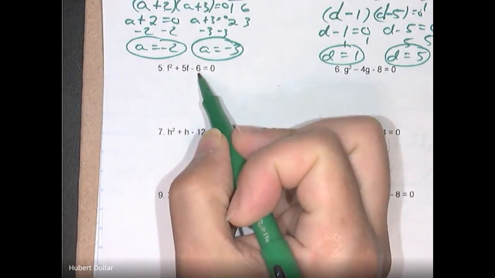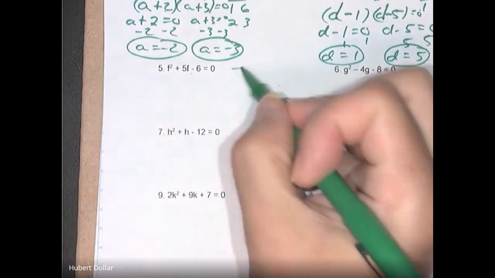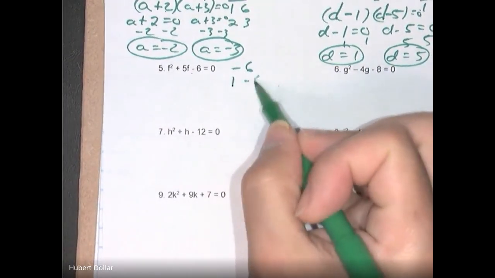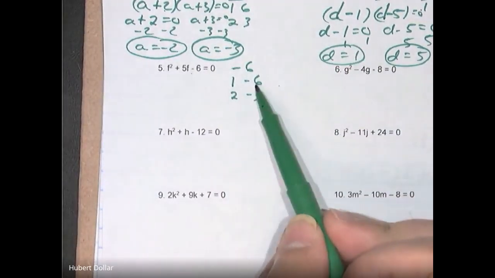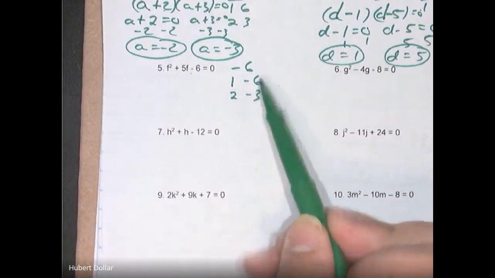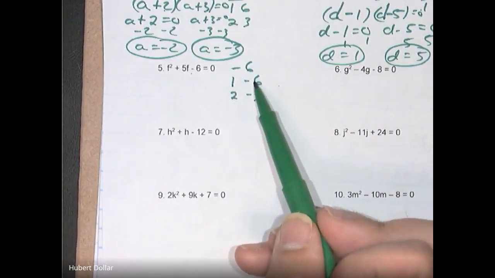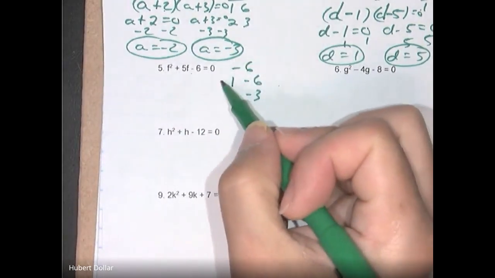Numbers that multiply to get negative 6, and this time subtract to get 5. Numbers that multiply to get negative 6 are 1 and negative 6, or 2 and negative 3. 1 times negative 6 is negative 6, and 2 times negative 3 is negative 6. If we combine 1 and negative 6, we get negative 5. That's the wrong sign, so we change the signs.